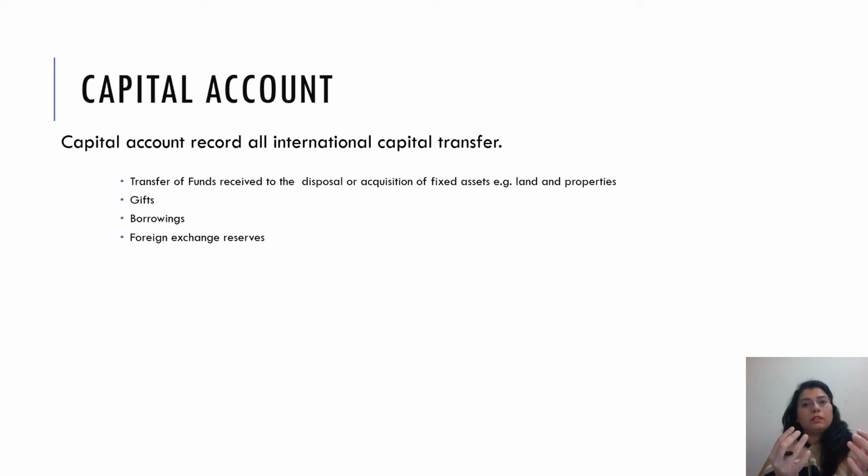Borrowings include all types of loans from both the private and public sectors located in foreign countries. If we do any kind of borrowing, that will be recorded in the capital account. Foreign exchange reserves held by the central bank of a country to monitor the exchange rate will be recorded in the capital account.